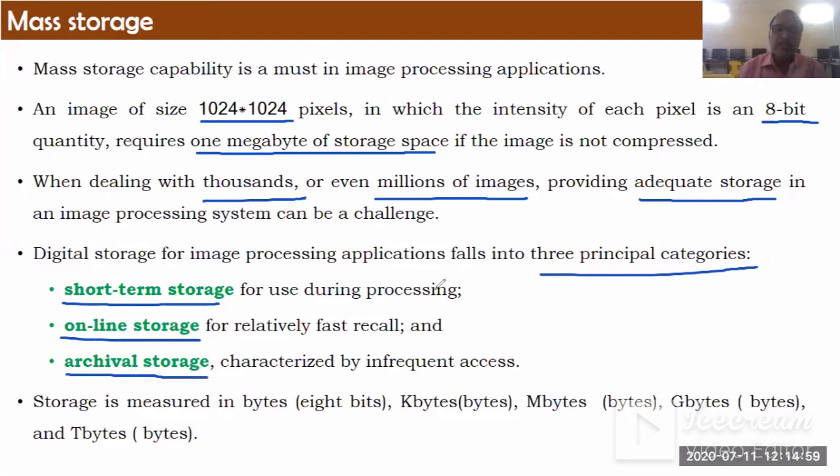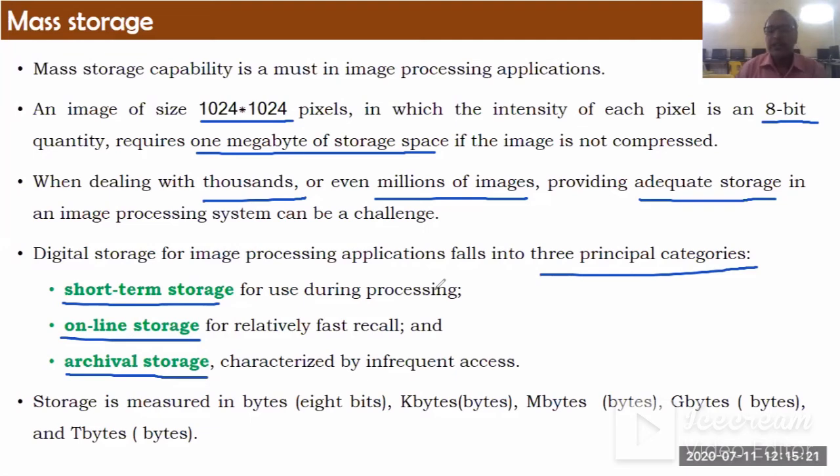Online storage is for relatively fast access, so the image will be available online. We can retrieve it, do the operation, and send it. And archival storage will be a permanent storage. So these are the 3 categories of storage that are used.